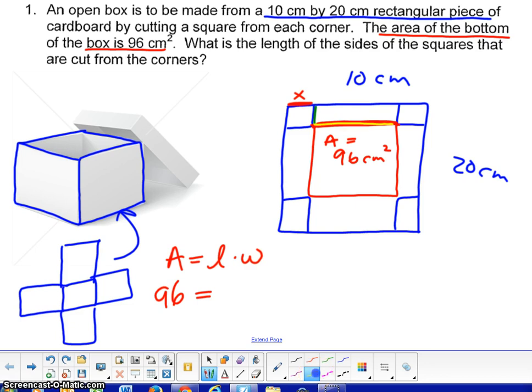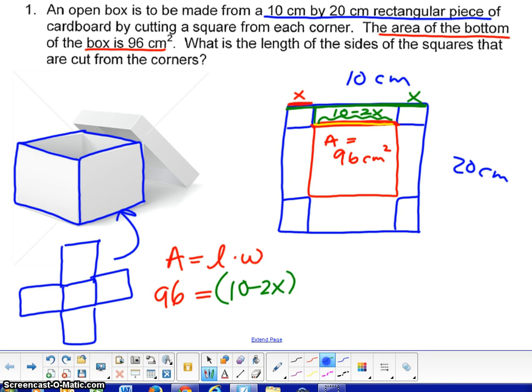The whole entire side is 10. They give you that in the beginning. So if the whole thing is 10 and we only want this area right here, 10 minus those unknown values will give us 10 minus 2x for this side. So the length I'm going to write down as 10 minus 2x.